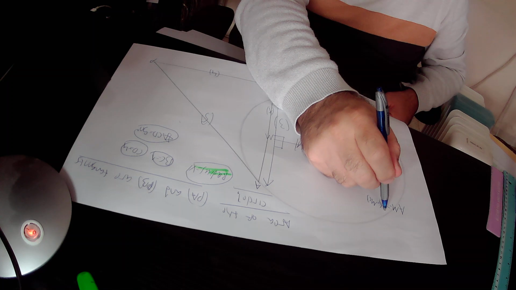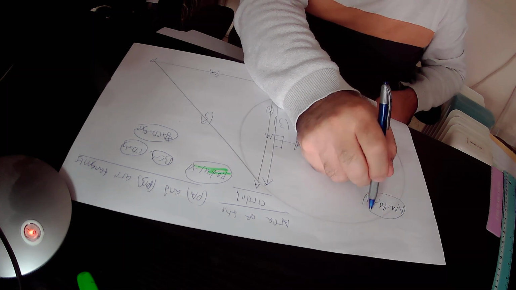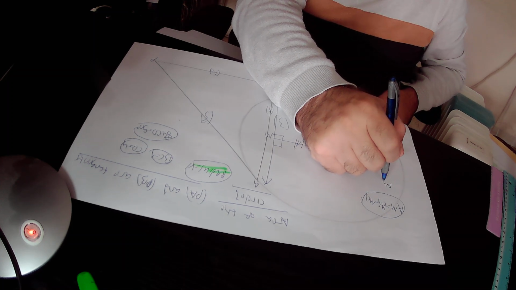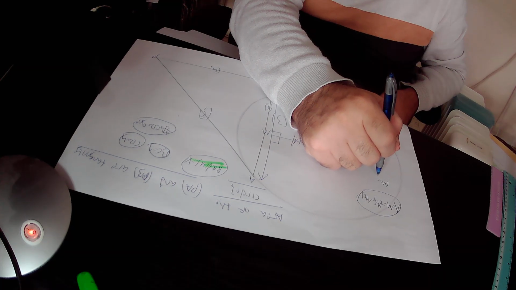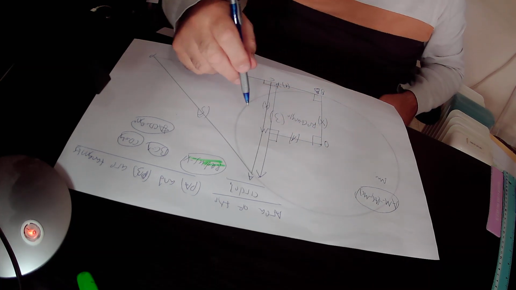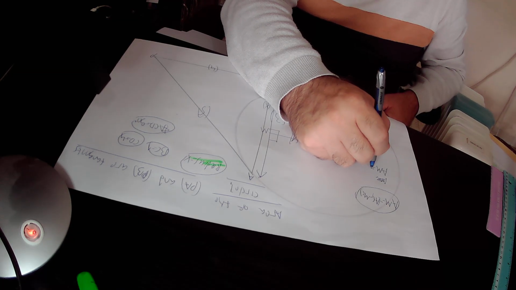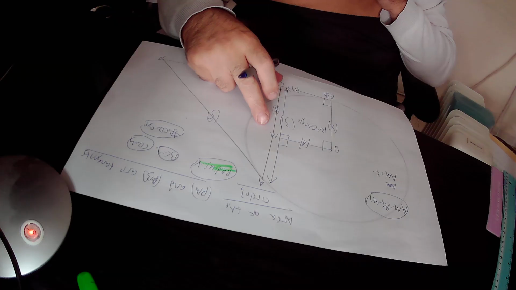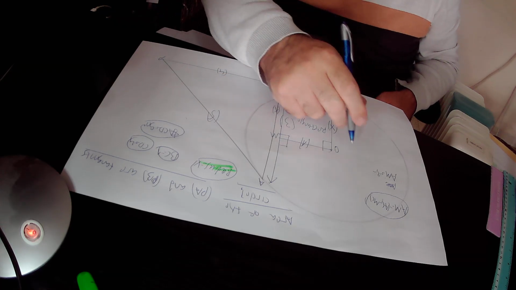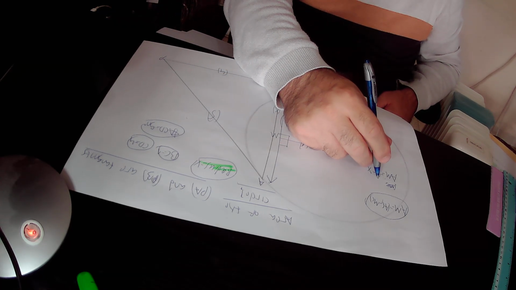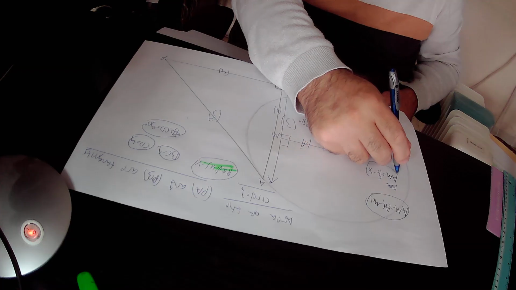So AM in total equals AC, which is 3, minus MC, which is X. So in total we found out that AM equals 3 minus X units.